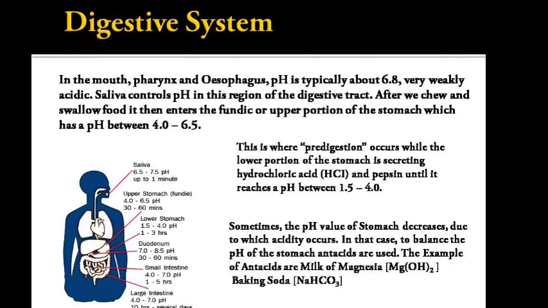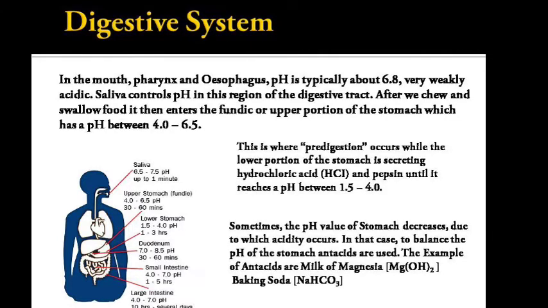Now what do we have to do in those circumstances? When the pH value of the stomach decreases due to excessive acid, you need to balance the pH of the stomach. And if you need to balance it, you need to neutralize that excessive acid, and you neutralize it with the help of antacids.